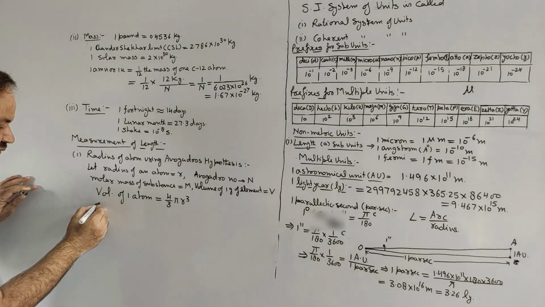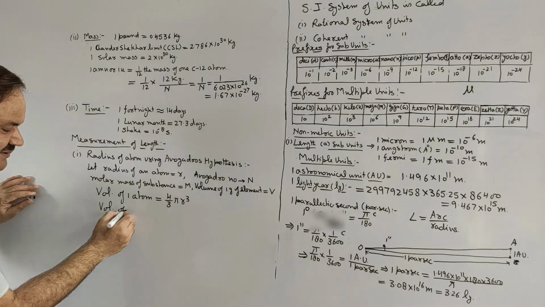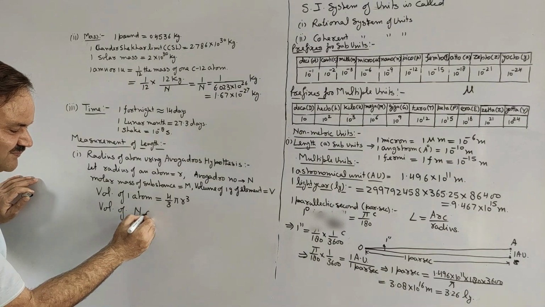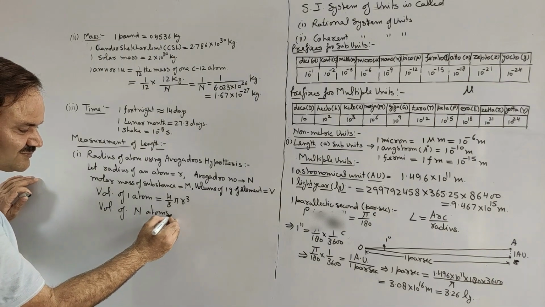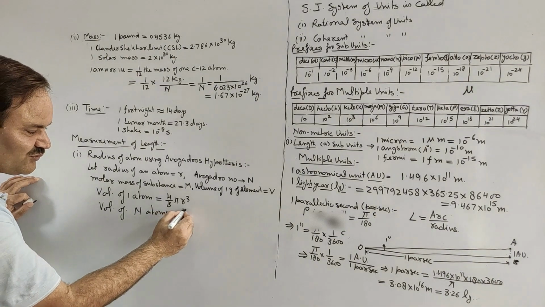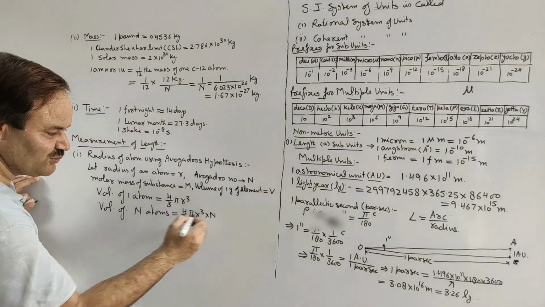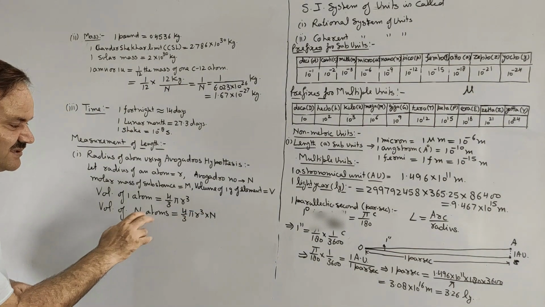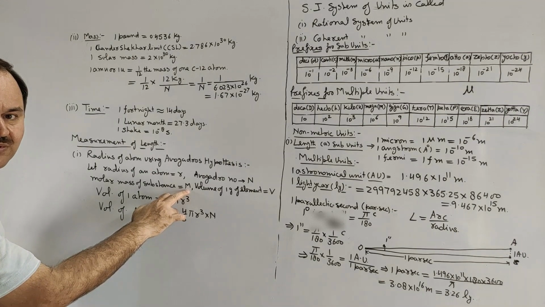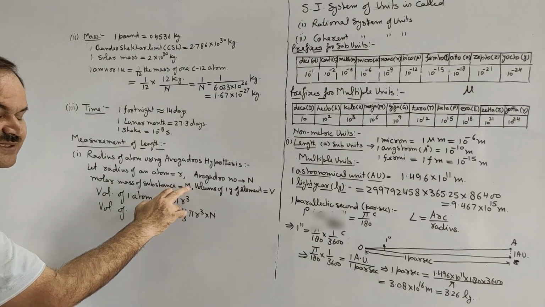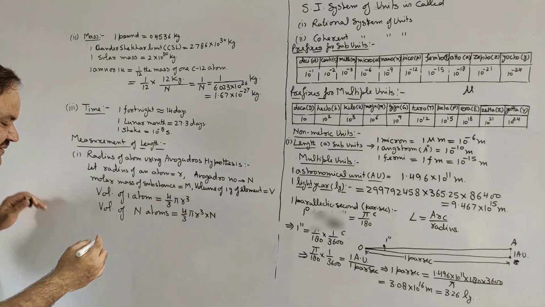Then volume of N atoms is equal to 4/3 pi r cube into N, and N atoms means M gram of atoms if we have taken molar mass in grams.